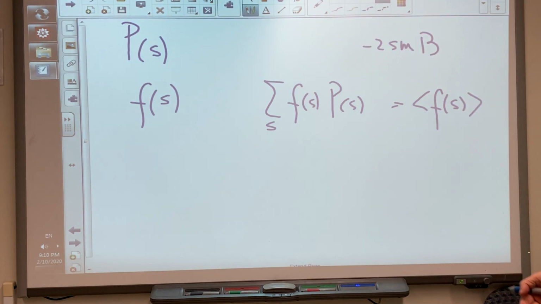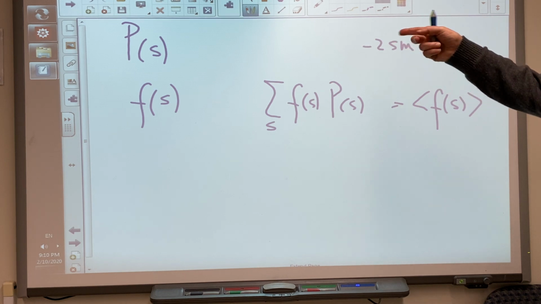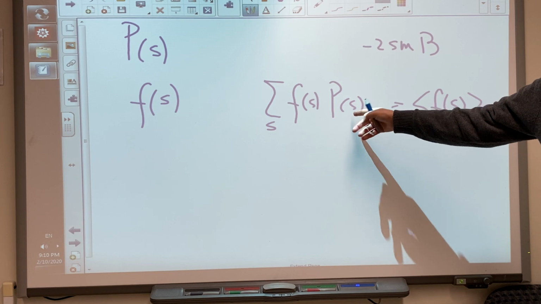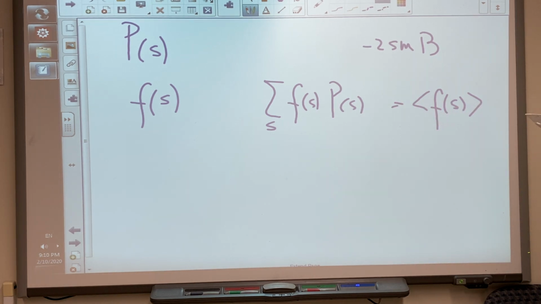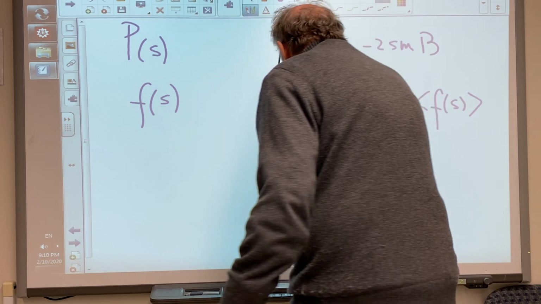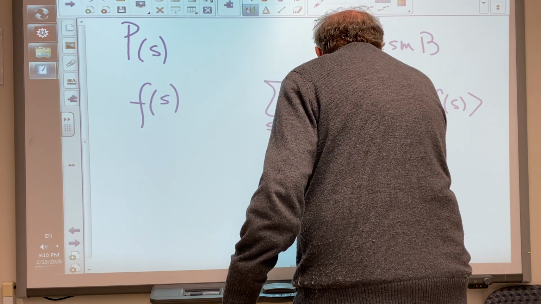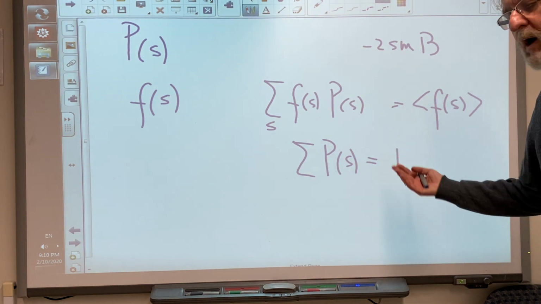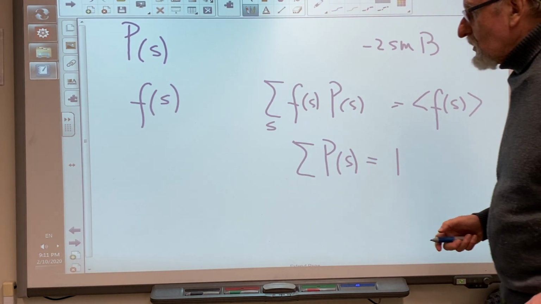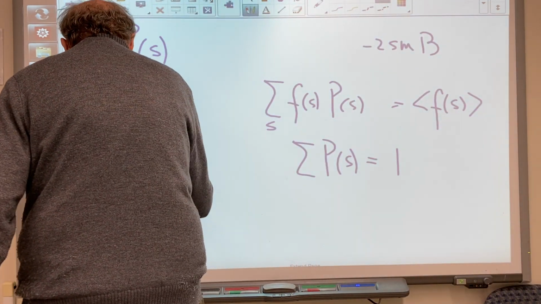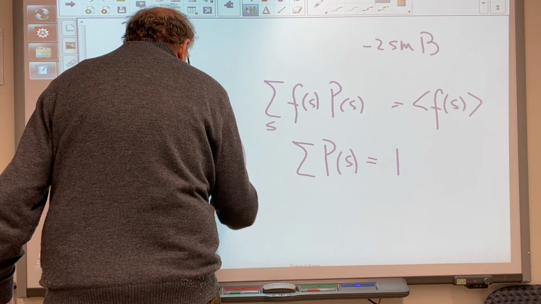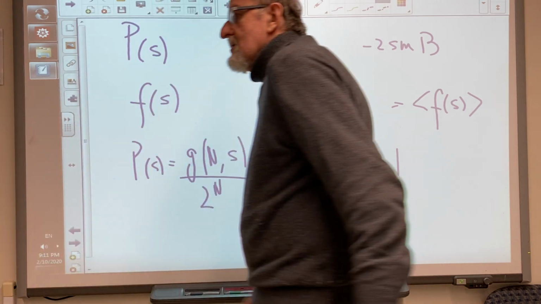Right? So that's what you learn in statistics. You take the value of your function on each of the possible states, but you average with the probability of those states. So you see that immediately this P of S must have the property that the sum of P of S has to be 1. Because if it is a probability, they have to add up to 1. And so what will be our P of S in this particular case will be g of N S divided by 2 to the n.